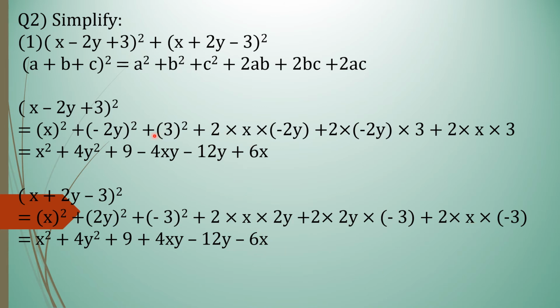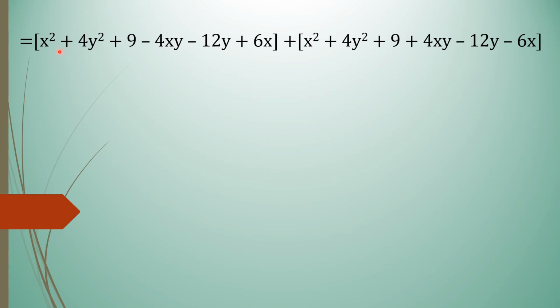So now we have individually got the answers. For the first term it is x square plus 4y square plus 9 minus 4xy minus 12y plus 6x. And for the next expression we got x square plus 4y square plus 9 plus 4xy minus 12y minus 6x. Now students, we will combine and solve it, it will become easy.